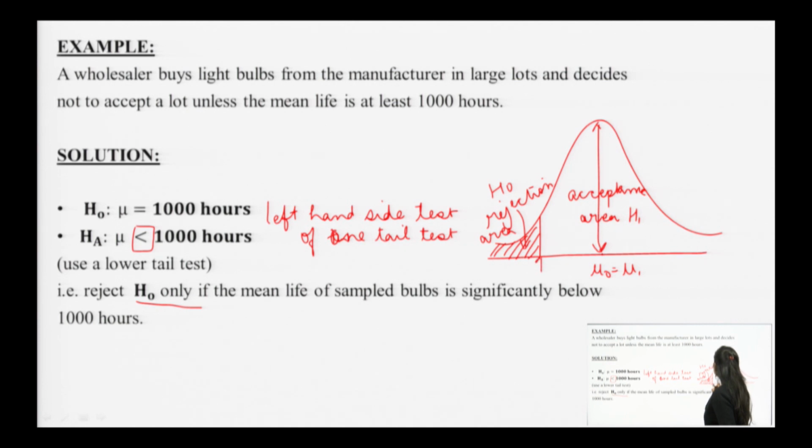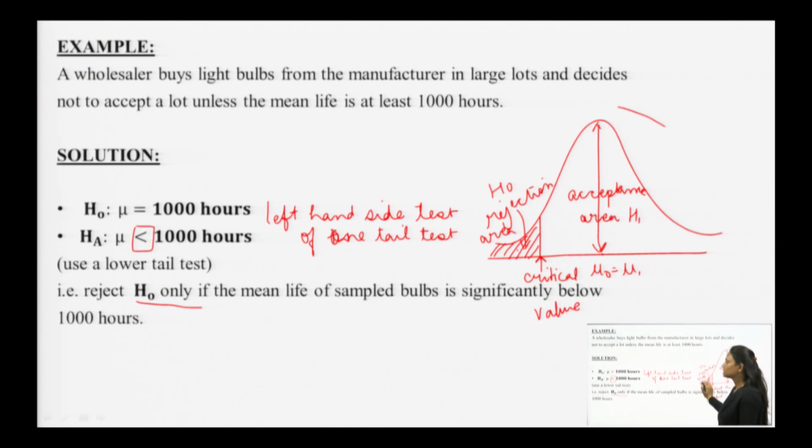Now, this point is called a critical value, which we will be studying further in this PPT, including how to find this value. This whole area we can take as a sample of 1000 bulbs.